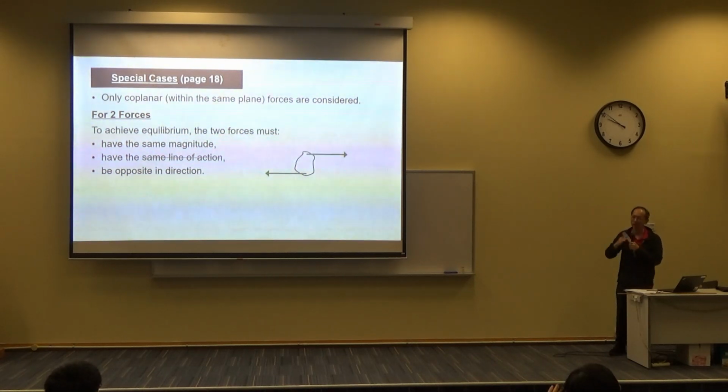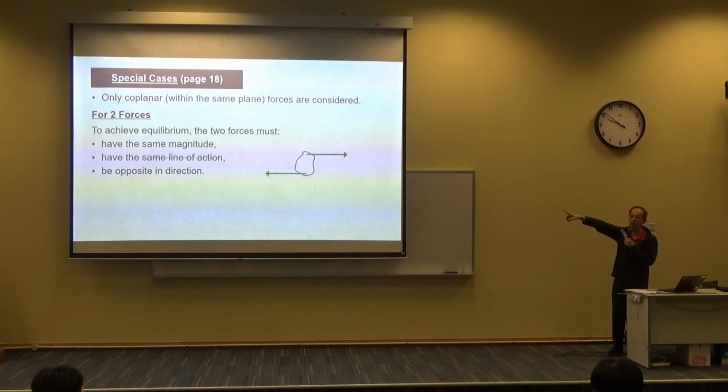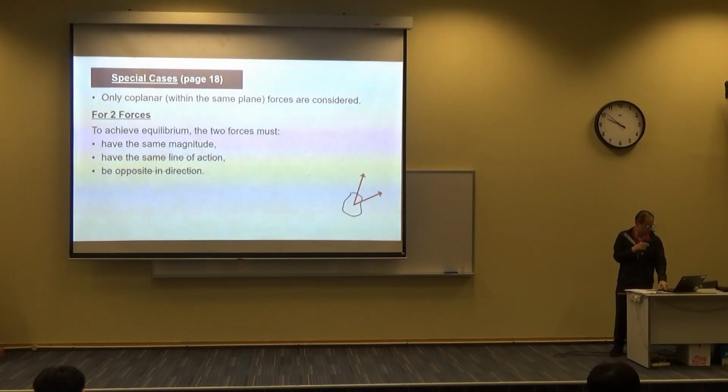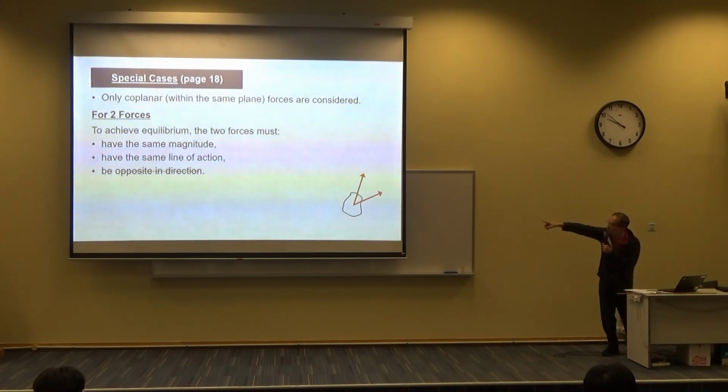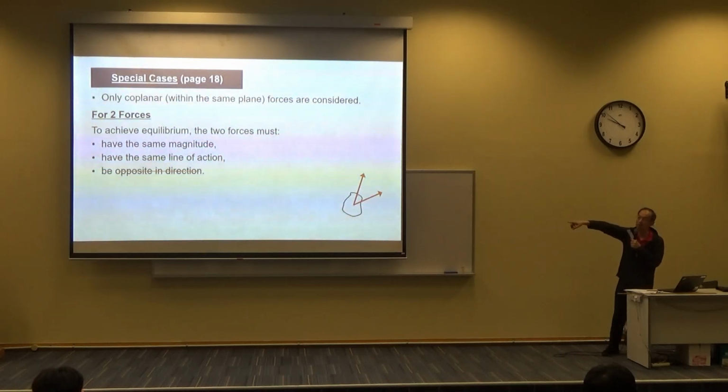Now, suppose I ignore the second condition, they do not have the same line of action. That means I cannot draw one line that passes through both forces. Then you realize this forms a couple. This object will rotate, will not be in equilibrium. And what happens if they are not opposite in direction? Now I have two forces that meet at the same point, but they are not opposite in direction.